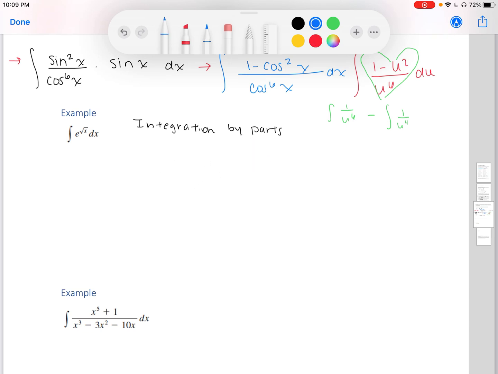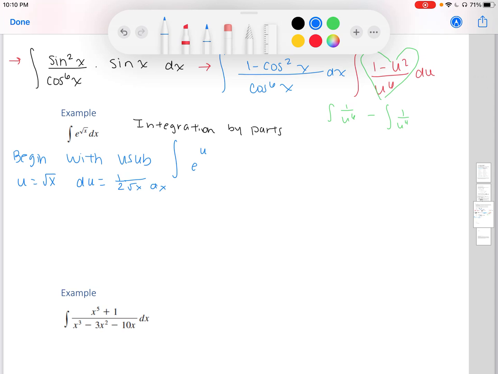Let's rewrite for a minute. Let's start by using a u substitution, so that we have our integral from e to the u. If we're letting u be the square root of x, then du is 1 over 2 square root of x dx.